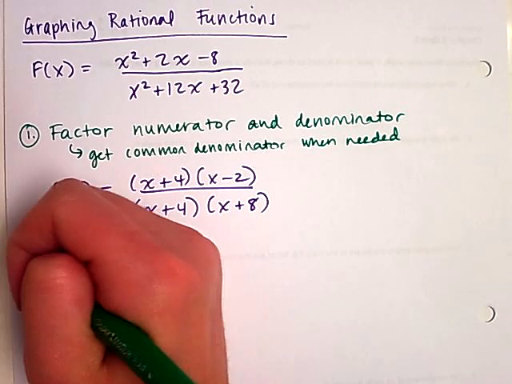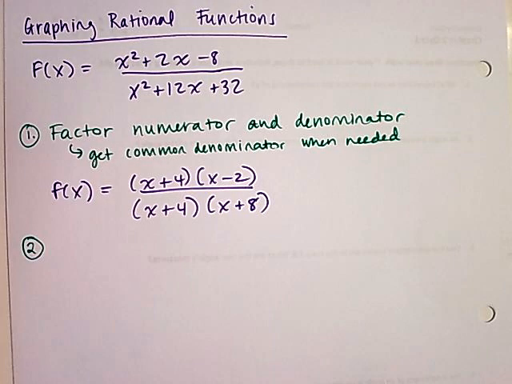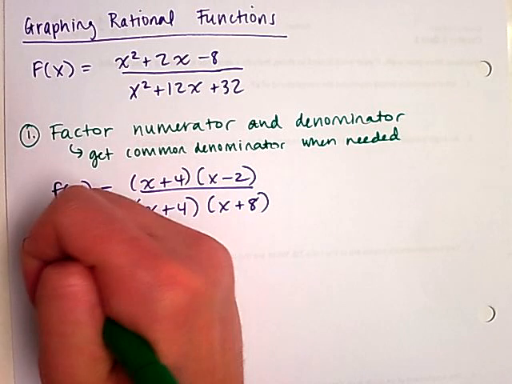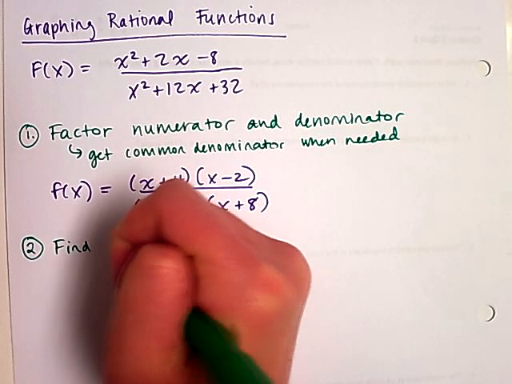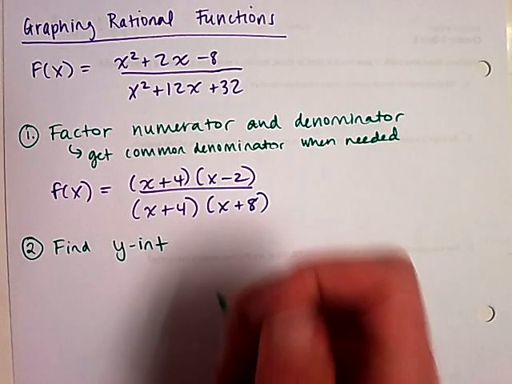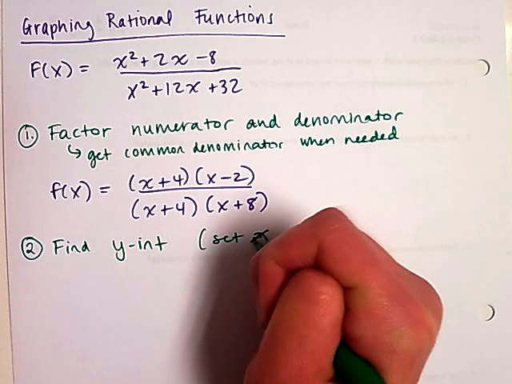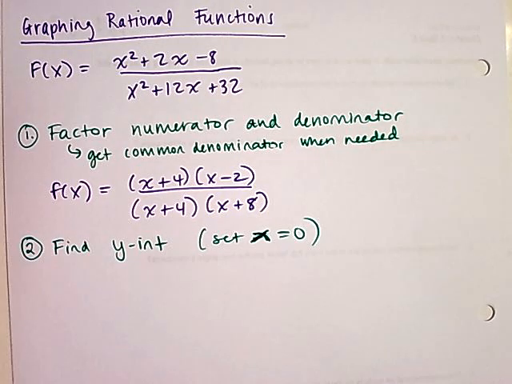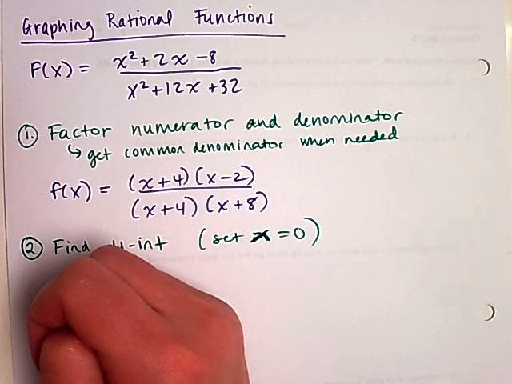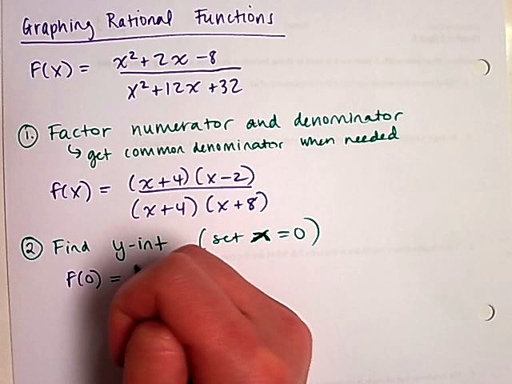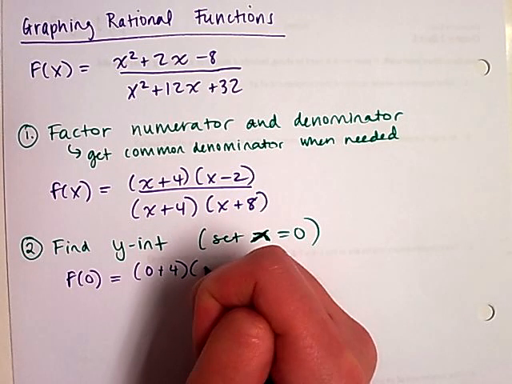My next step, you could probably guess: we need to find the y-intercept, and that's where x equals 0. So we can just set x equal to 0 and simplify. You can also think of it as finding f of 0, plugging in 0 for all x's.